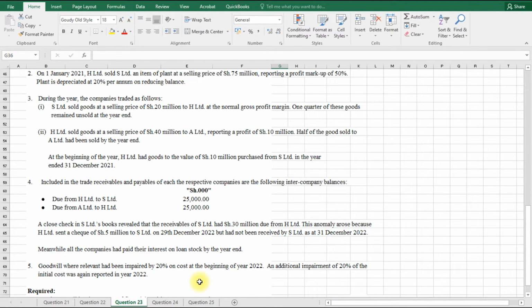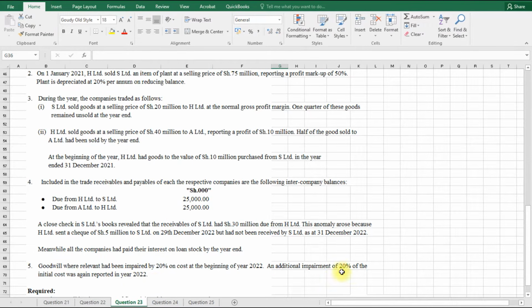Number 5, goodwill where relevant had been impaired by 20% on cost at the beginning of the year. An additional impairment of 20% of the initial cost was again reported in year 2022.